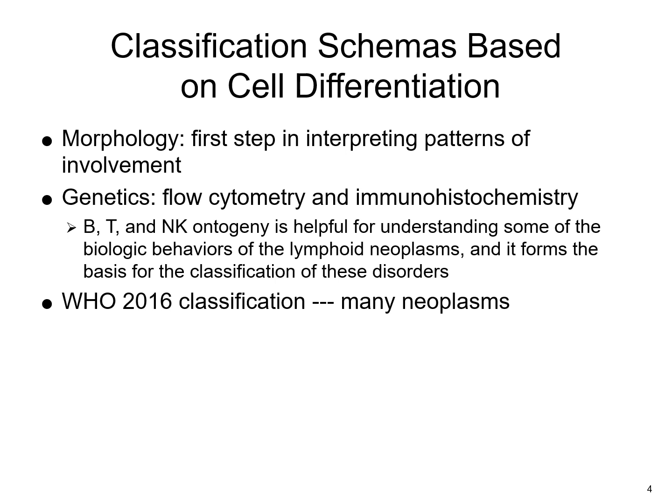The ontogeny of your B, T, and natural killer cells is helpful when you're trying to understand some of the biological behaviors of the lymphoid neoplasms, and it also helps form the basis for the classification of these disorders. The World Health Organization has developed a classification system based on a multi-parameter approach to diagnosis.